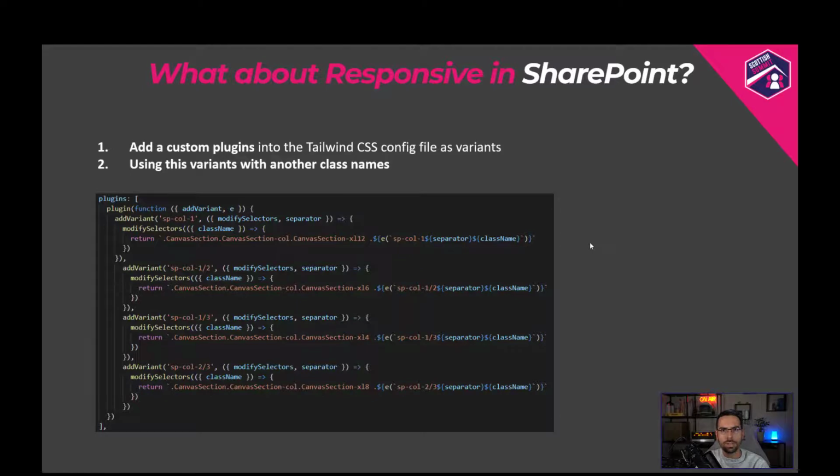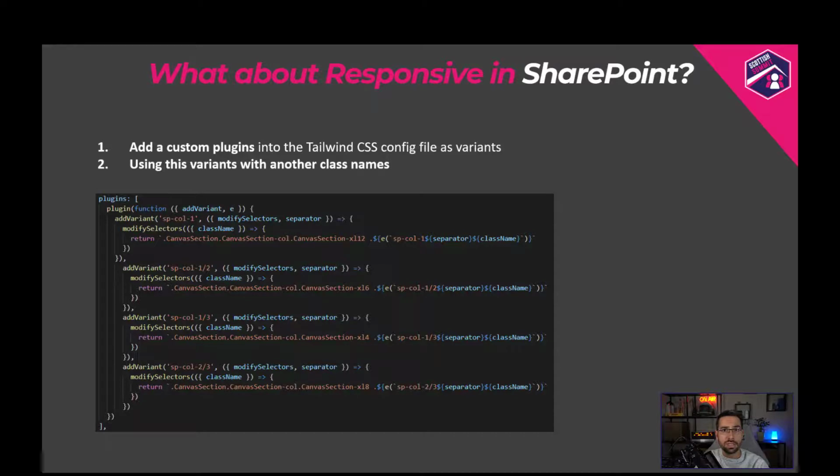And what about responsive design in the SharePoint page by using Tailwind CSS, of course? It's a completely different story. We need to create a plugin to manage responsiveness inside a SharePoint page, because the responsiveness of your web part inside a SharePoint page is based on the section and not on the media query of the page.